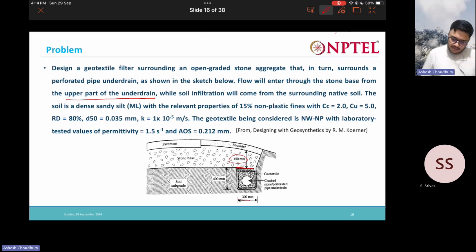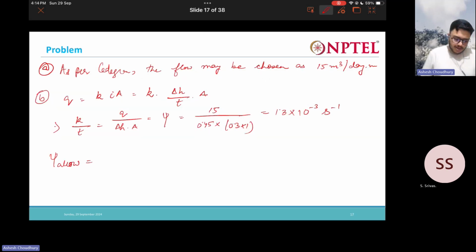Now I have to find out the allowable. The allowable is given by, as I said, if you see Koerner's book, you will see that all these factors are defined and the standard values are also given for various uses.